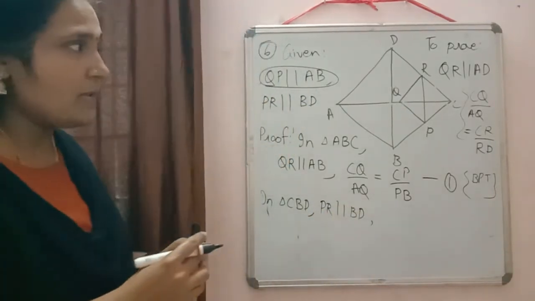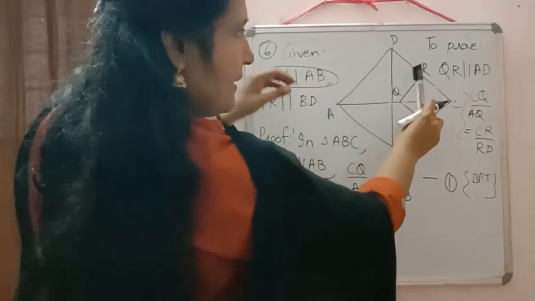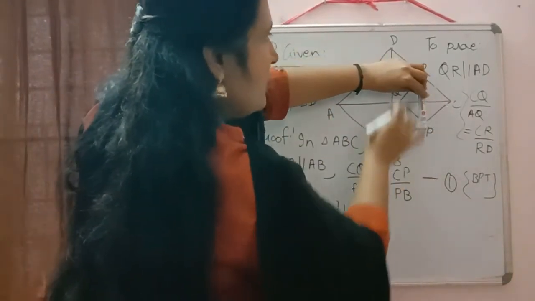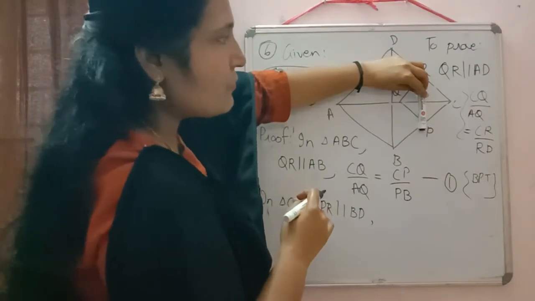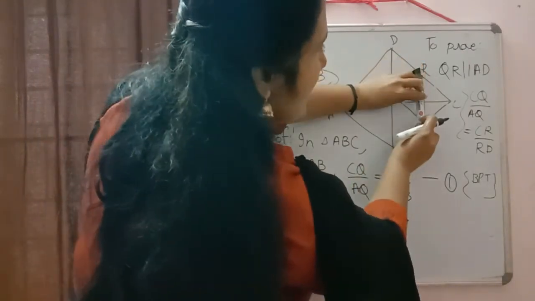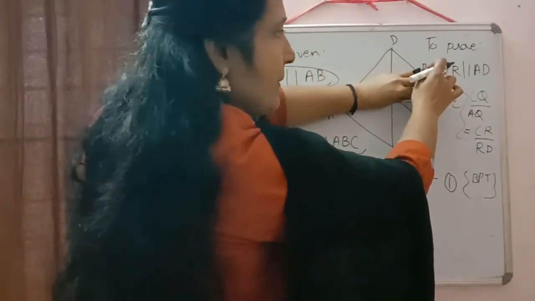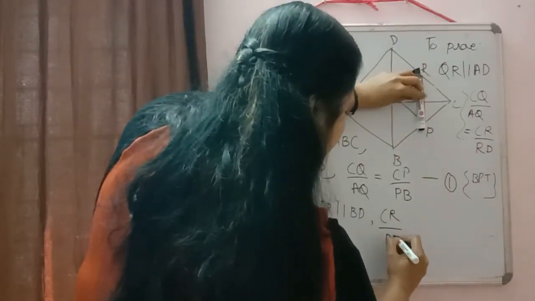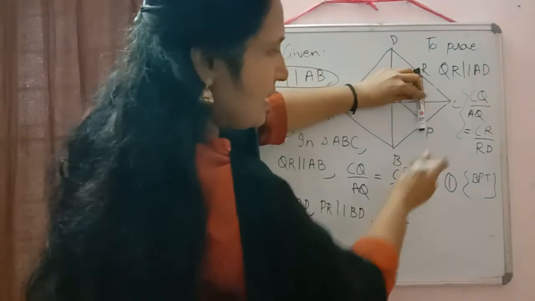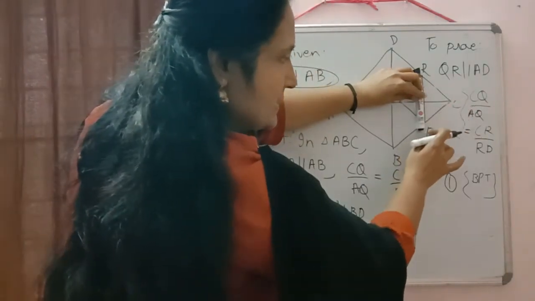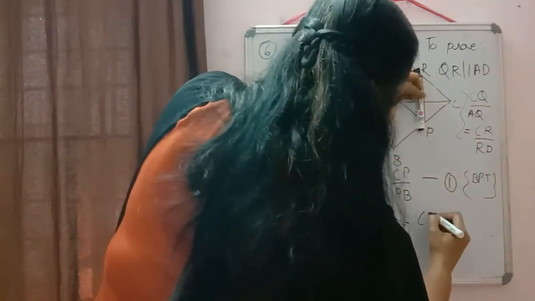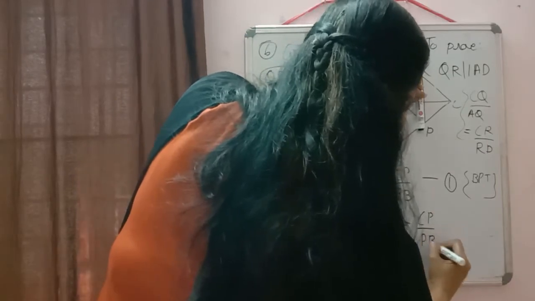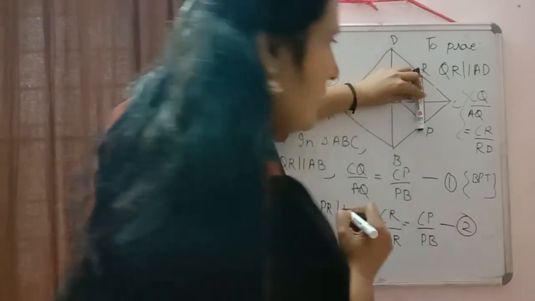So by BPT, CR by DR is equal to CP by PB. Make it equation number 2.